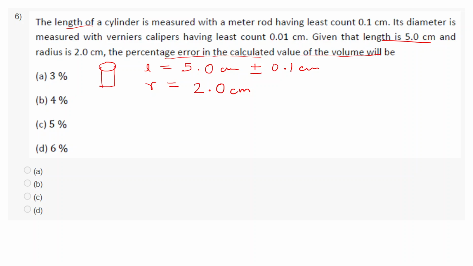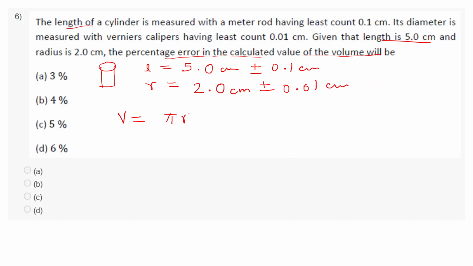So its diameter is measured with least count 0.01 centimeter, which means the error will be 0.01 centimeter. And the percentage error we have to calculate for the volume. Now what is the formula for the volume of a cylinder?